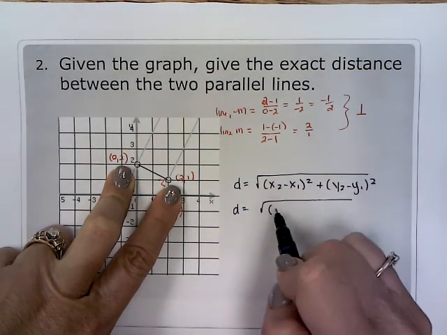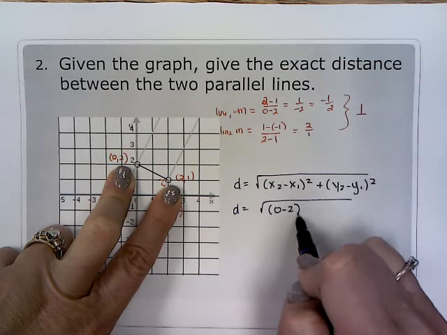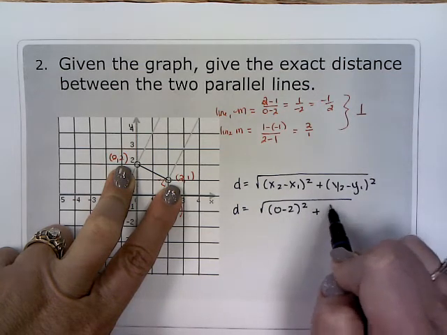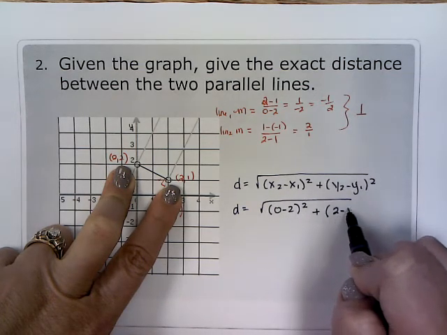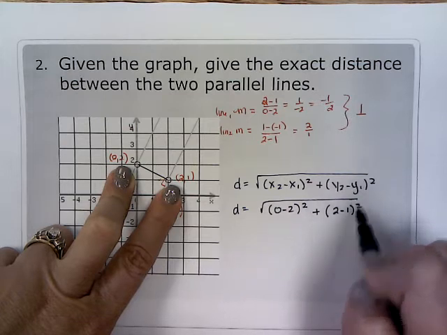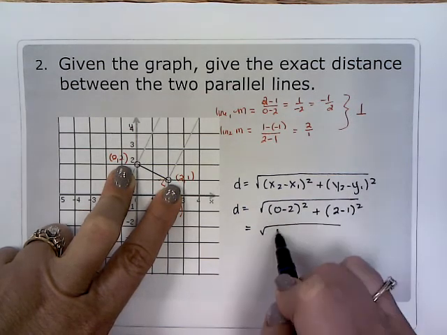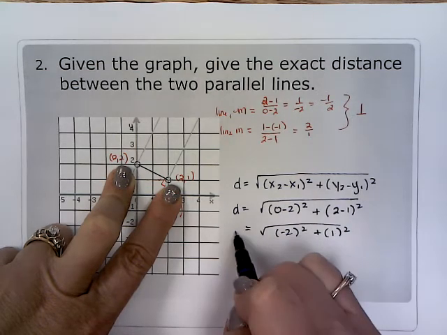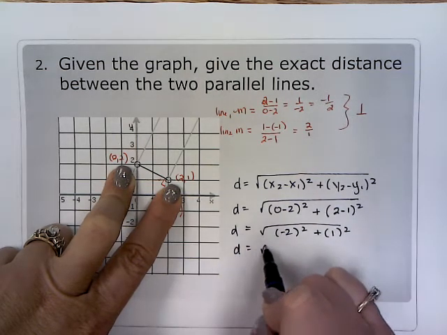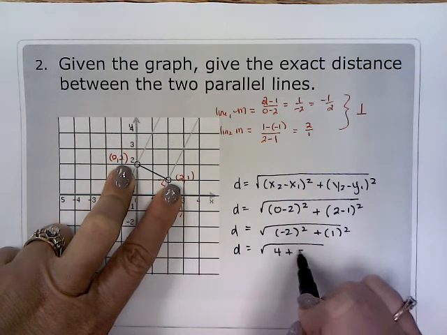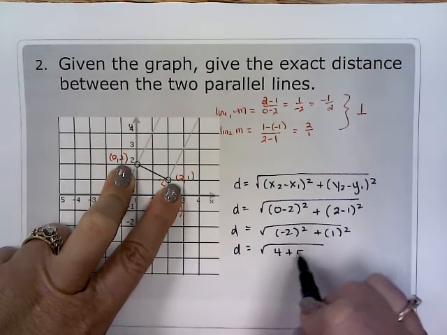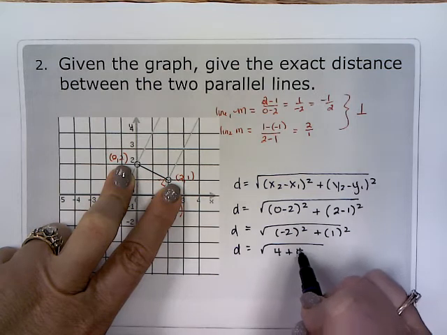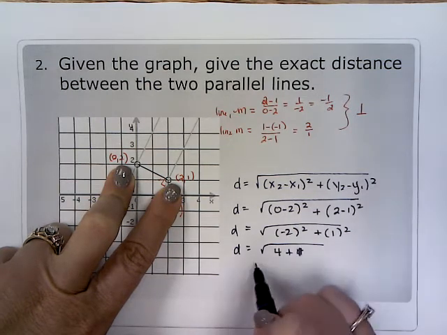So the distance between my x's squared, the difference between my y's squared, sorry, I was doing the math in my head. It's 4 plus 1. Sorry.